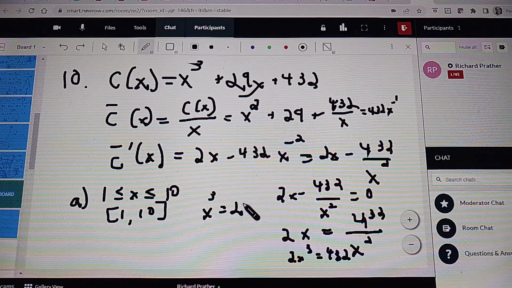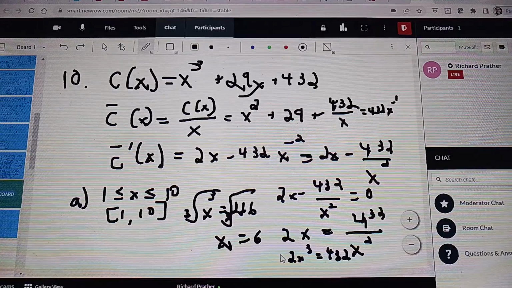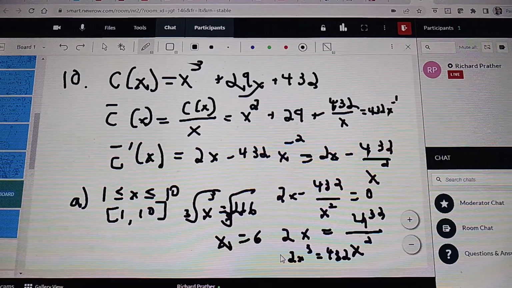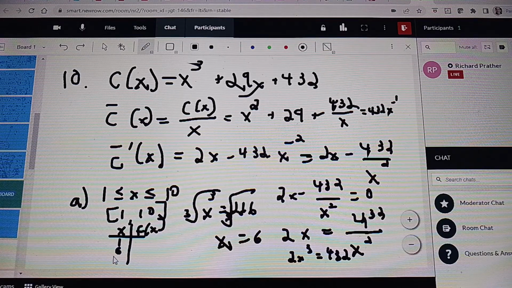The cube root of 216 is 6, actually. So 6 is the only number that makes the derivative 0, and there's nothing that makes it undefined. 6 is in this interval, so I would need to have an f of x column for 3 numbers only. All I would have to check is 1, 6, and 10.